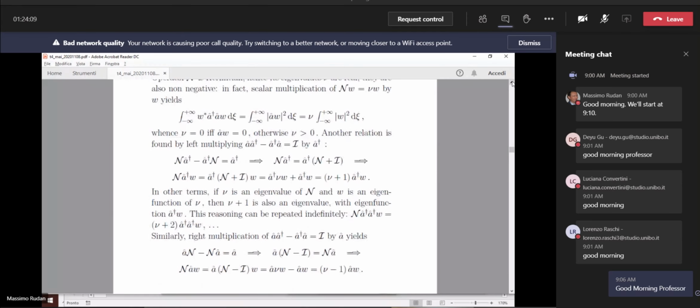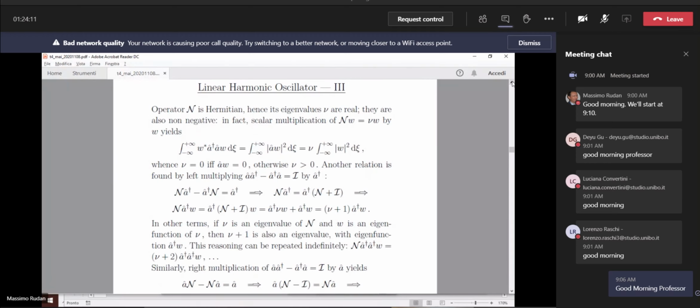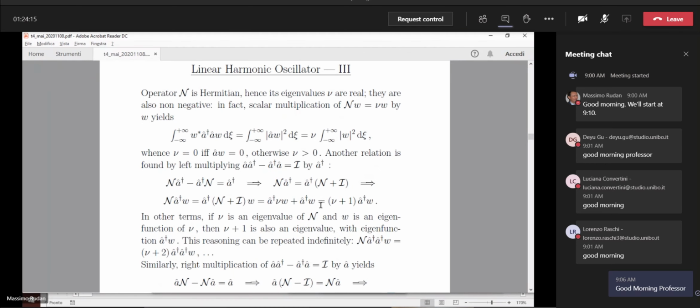How do we find the other eigenfunctions? Very easily, because now we have to go up along the ladder. And you remember, to go up along the ladder, we simply increase the eigenvalues by 1, and we operate on W with a dagger. So if we take W0 and we operate on it with a dagger, we find W1, okay?